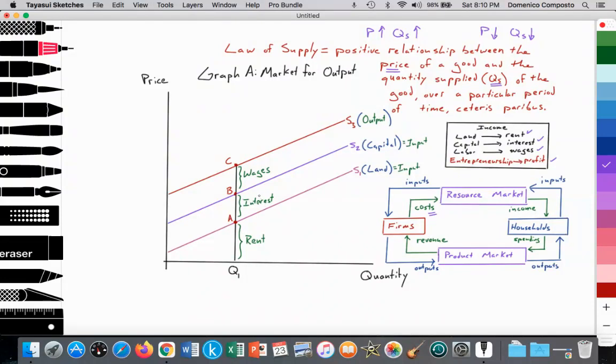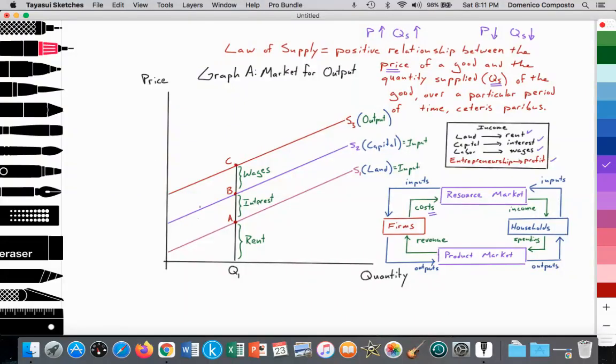Capital resources are non-naturally occurring tools used for the production process. Land resources being naturally occurring, capital resources being not naturally occurring. So if the household owns capital, they're motivated to offer their capital resources if the value of the interest goes up.